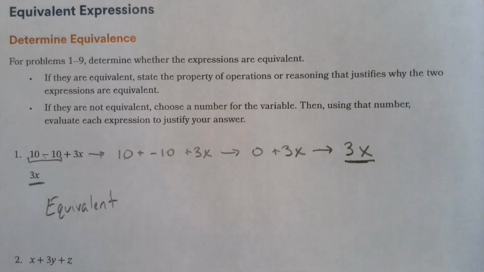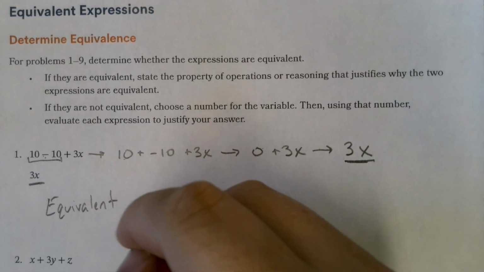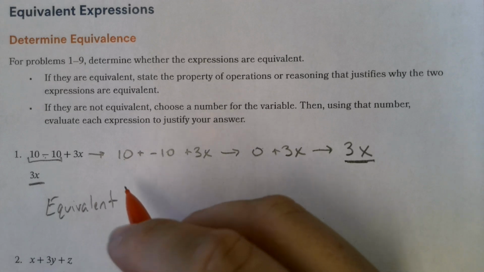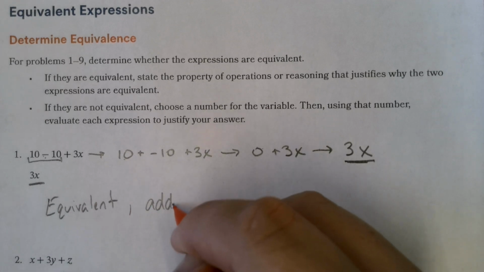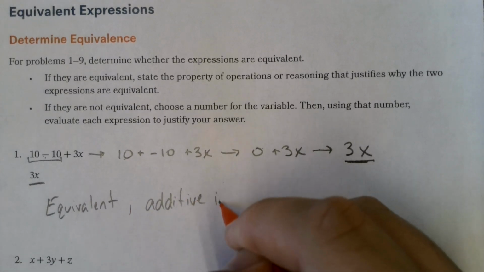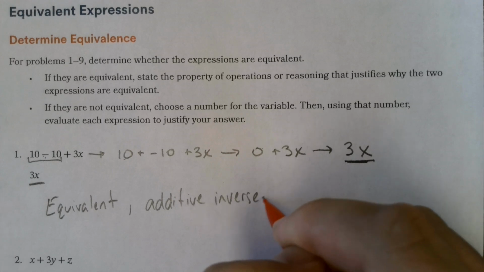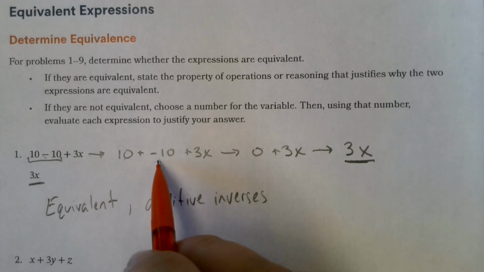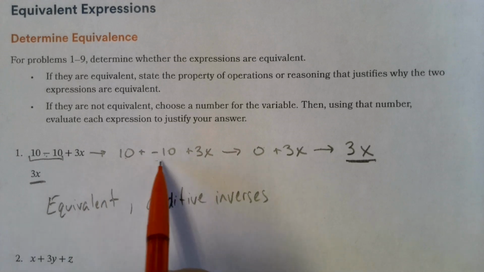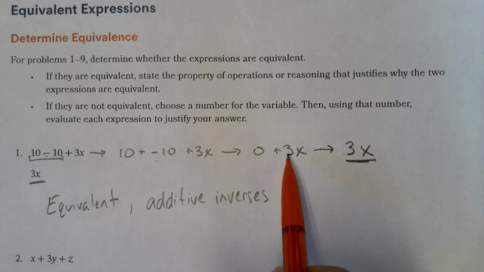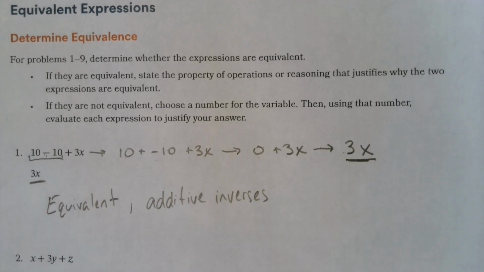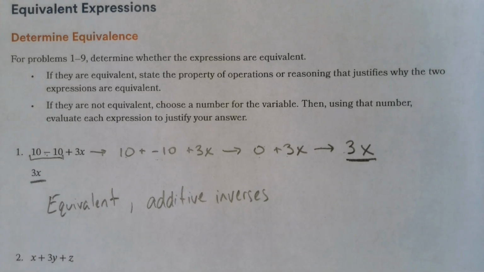And the reason why is based upon the fact that we have the additive inverses. The 10 and negative 10, which add up to 0, which gives us 3x for both expressions.